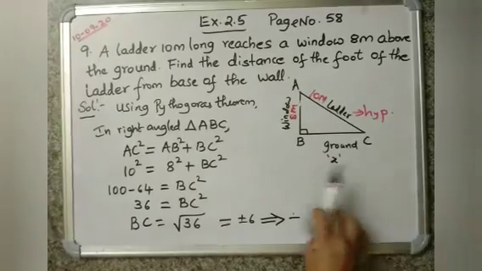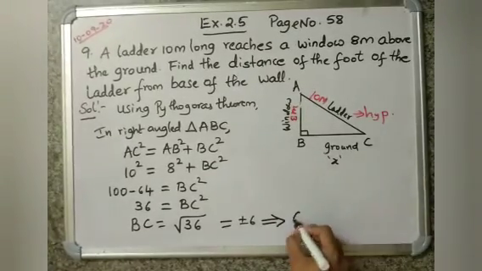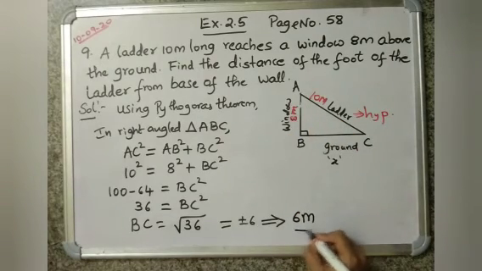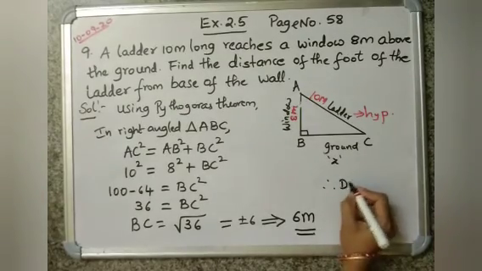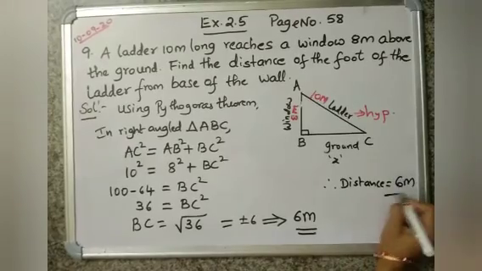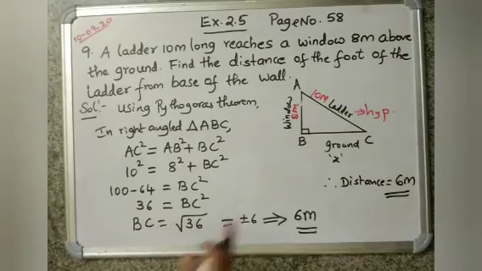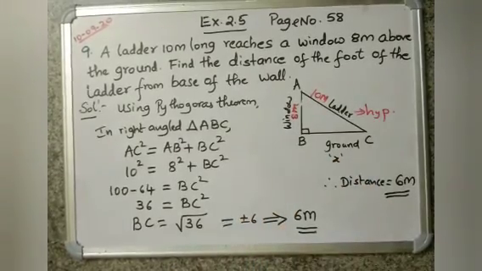So I will be writing the distance as 6. What is the unit over here? 6 meter. Therefore the distance is 6 meter. So this is an application question based on Pythagoras theorem.